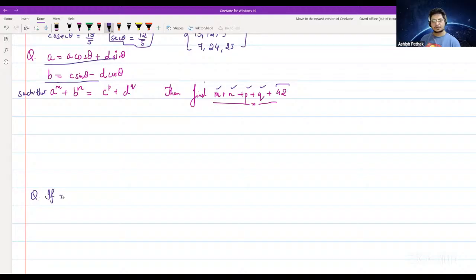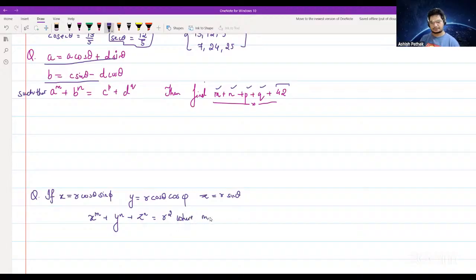If x equals r cos theta sine of phi, and y equals r cos theta cos of phi, and z equals r sine theta, then you will get x to the power m, y to the power n, z to the power p is equal to r square, where m, n, and p belong to natural numbers.